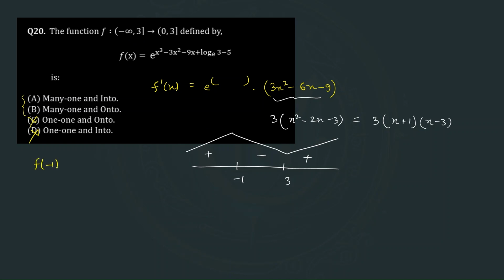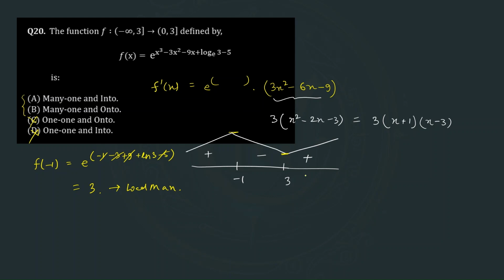So f(-1) is the local maximum value of this function, which is e to the power (-1 - 3 + 9) times e to the power log 3 minus 5. So these cancel. So it becomes e to the power log 3, which is 3. This is the local maximum value.